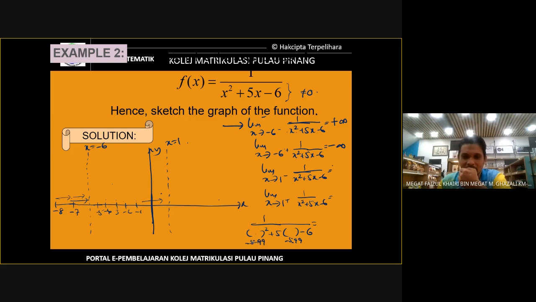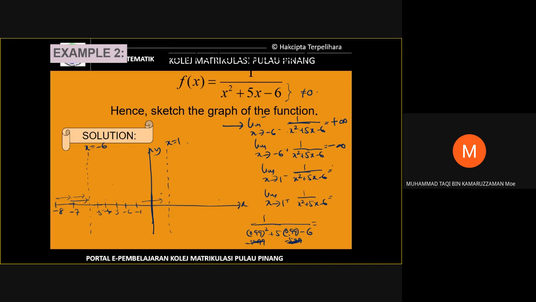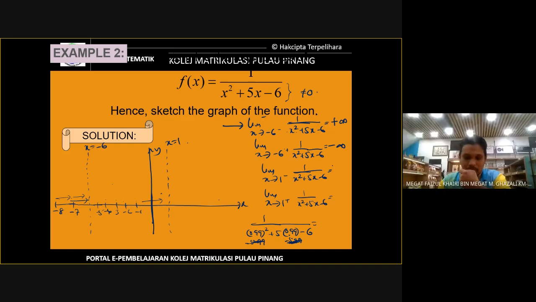Okay, if I substitute with 0.99 here, what do you get? Negative 14.31. Negative infinity.